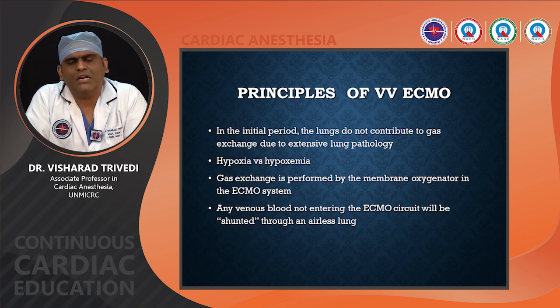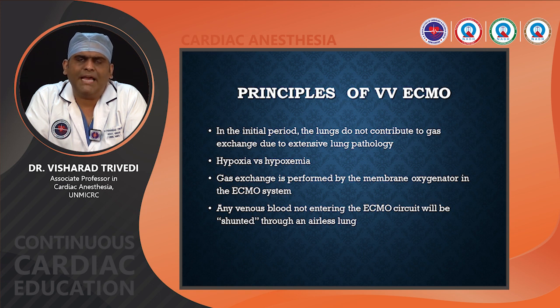The total saturation of that blood is around 80-85%. That blood goes through the RV to the pulmonary circulation without taking part in gaseous exchange in the native lung, and then to the systems. So systemic saturation can be as low as 80-85% in VV ECMO.